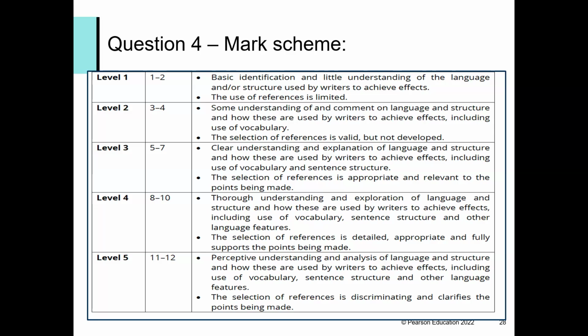So we can see here that there's basic identification and little understanding of language and structure. To achieve effect in level 1, some understanding and comment. In level 2, and the references there would be valid, clear understanding and explanation.